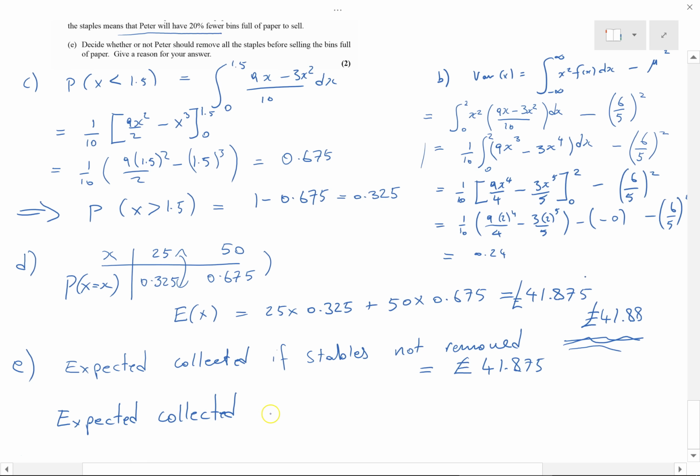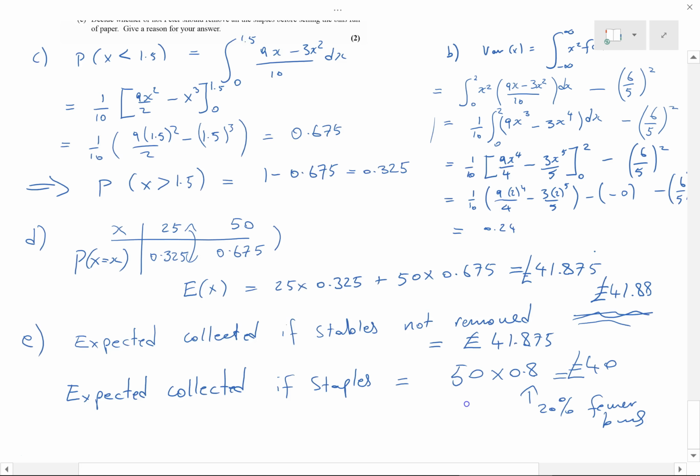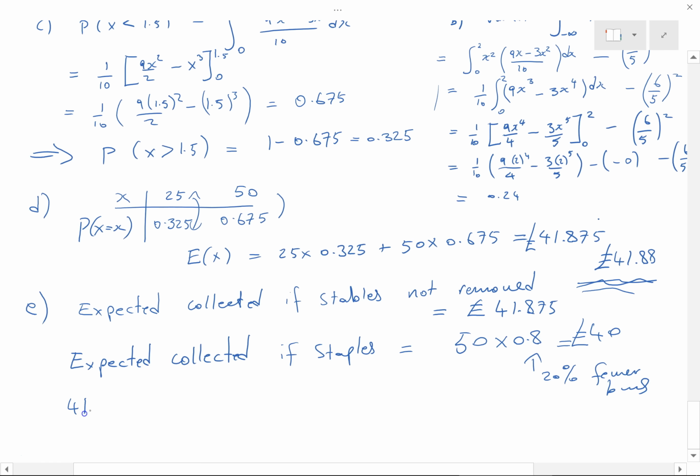So the expected money collected if staples removed, because he's got 20% fewer, you'll make 20% less. You'll get £50 for them, but there will be 20% fewer bins, which is 0.8. So that's £40. So therefore, because £41.875 is greater than £40, Peter should not remove staples.